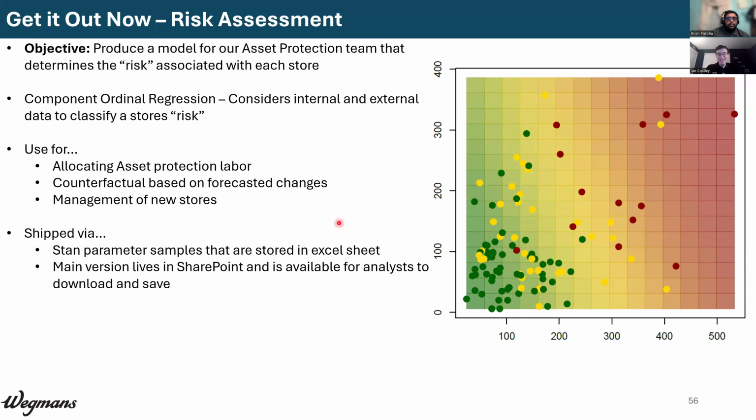So this one, again, we're just getting it out, right? And sometimes the scary solution is the best solution. So for this one, we actually use Stan to sample the model I just talked about, and the samples are stored in an Excel spreadsheet. And the main version of it lives in a SharePoint and is available for analysts to download and save.